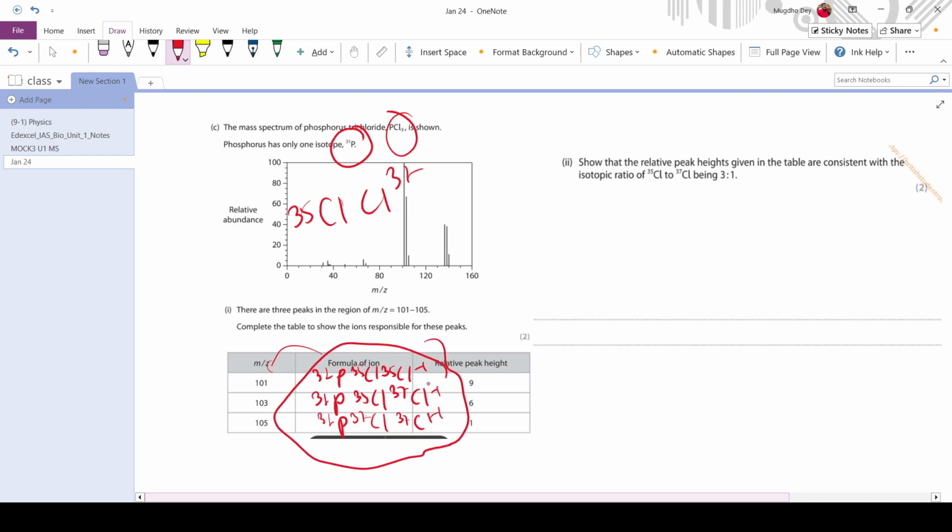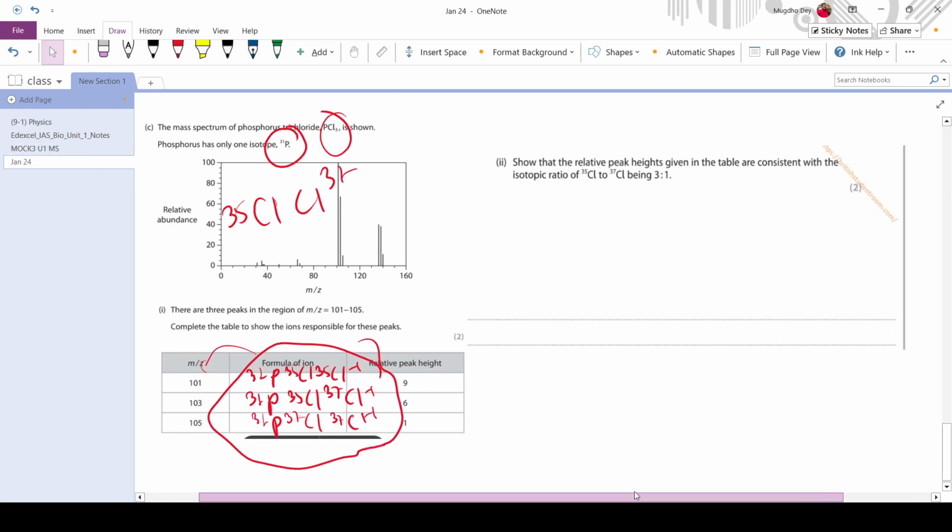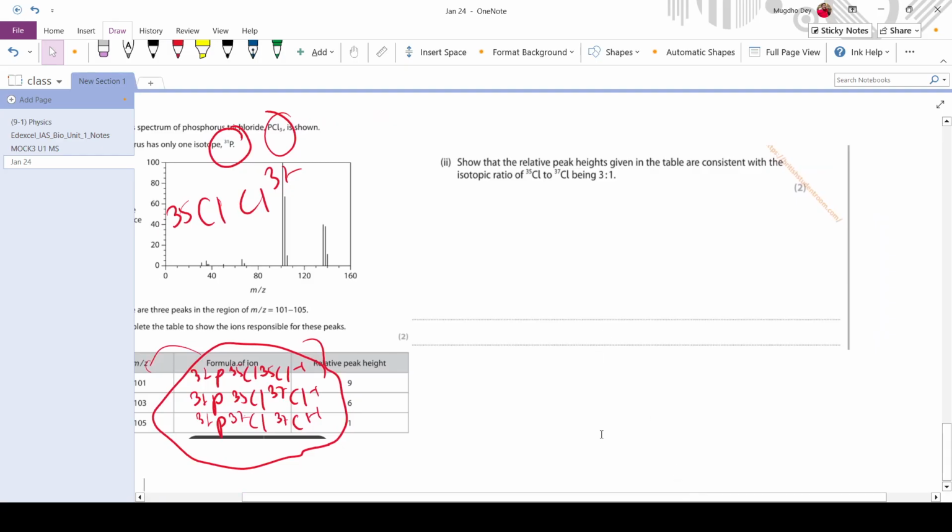Nothing else. Very simple. Okay, they said here, show that the relative peak heights given in the table are consistent with the isotopic ratio of chlorine 35 to chlorine 37 being 3:1. Like you just need to show the data.